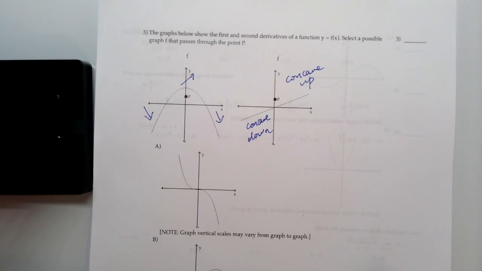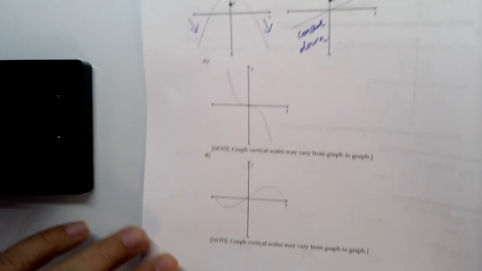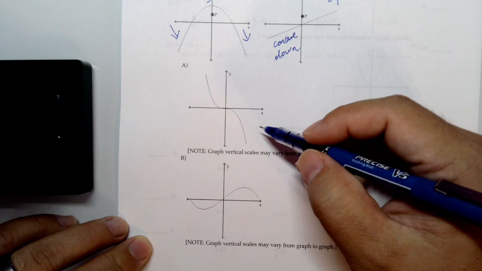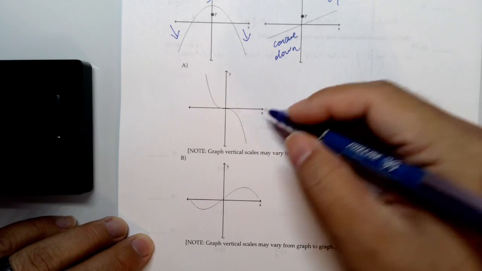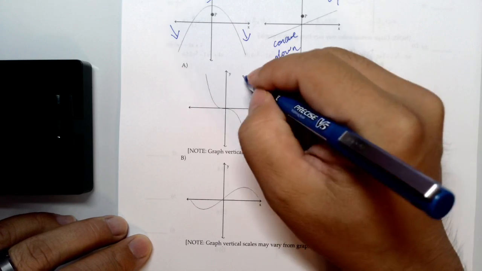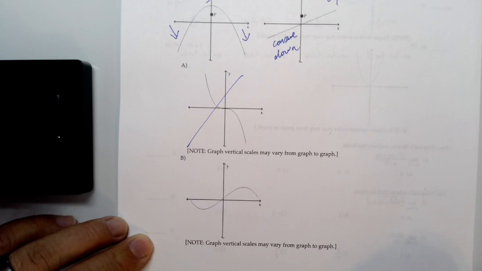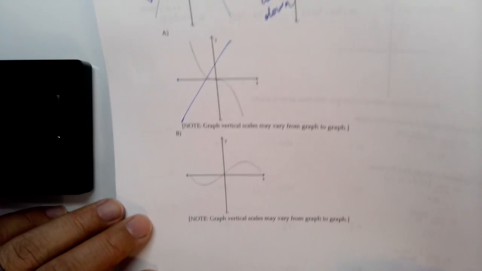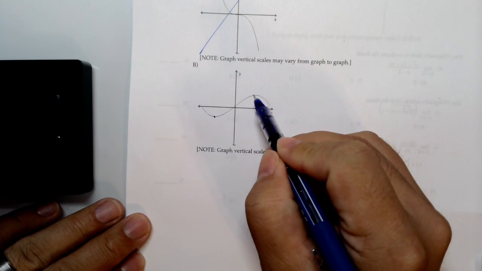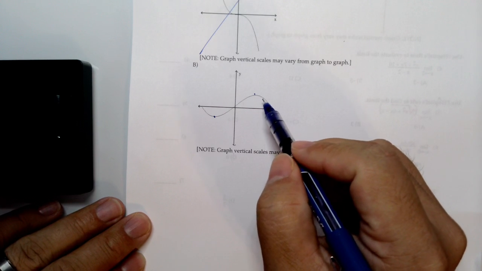Let's take a look. Graph A cannot be true because the trend for this function is decreasing all the time. Let's see B: it's decreasing, then increasing, then decreasing.